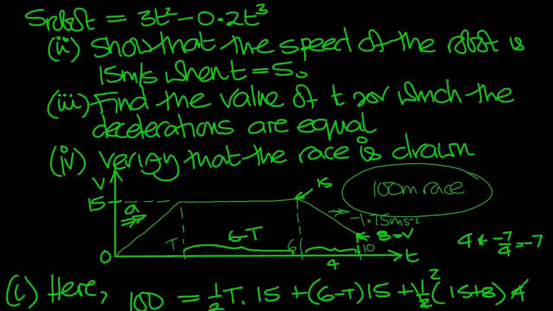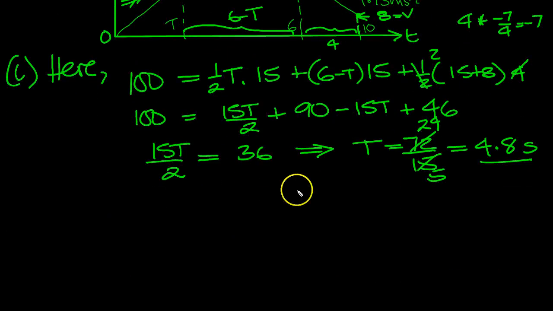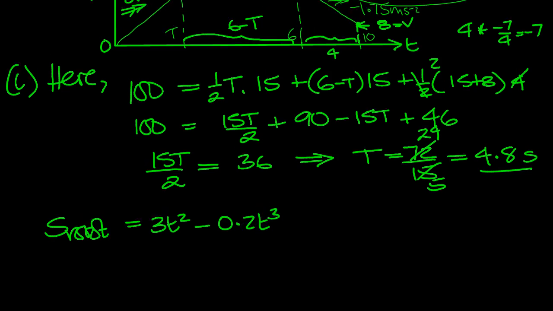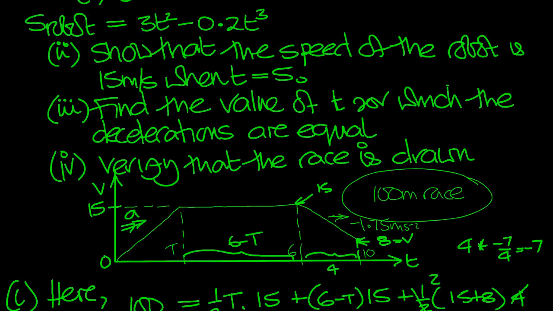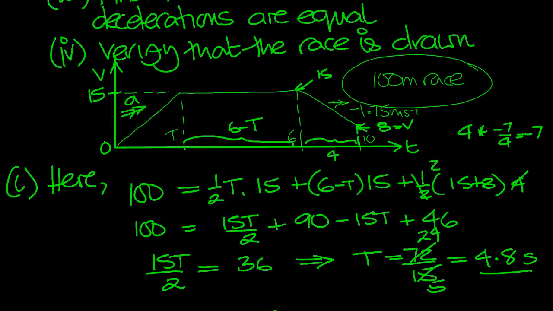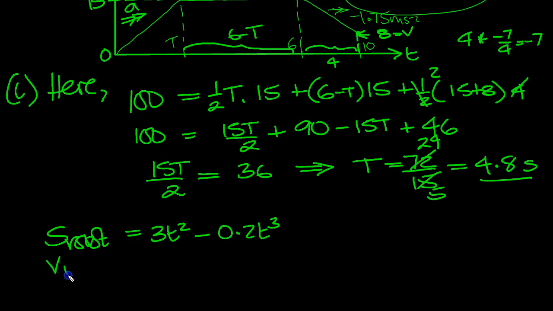S robot, the displacement of the robot, is equal to 3t squared minus 0.2t cubed. Just double check that. Yep. Show that the speed of the robot is 15 when t is 5. So the velocity of the robot, if we just differentiate, is 6t minus 0.6t squared.